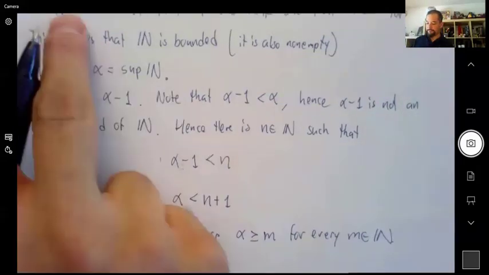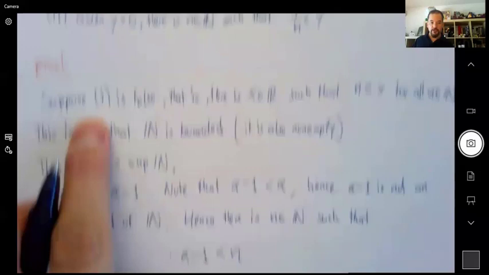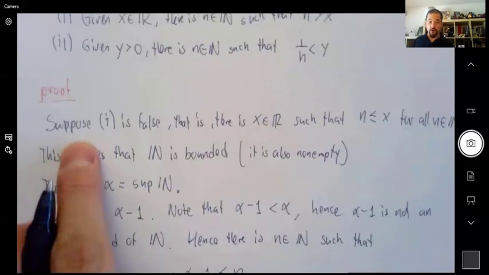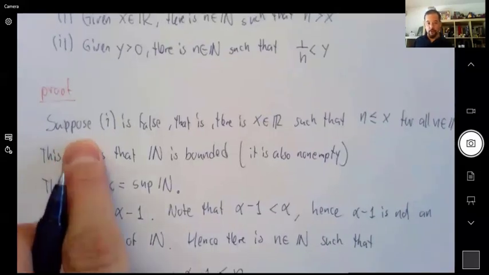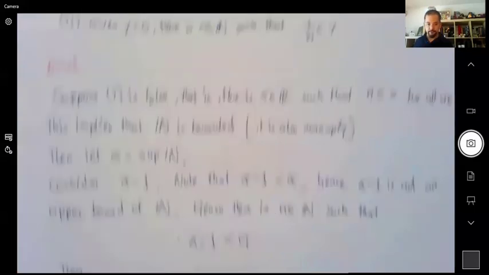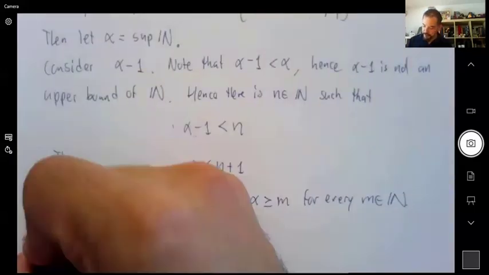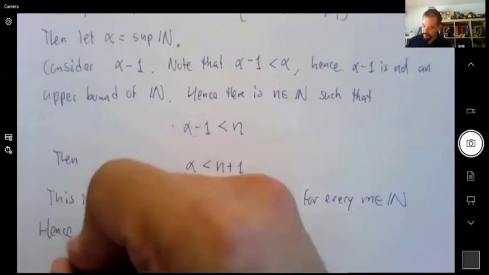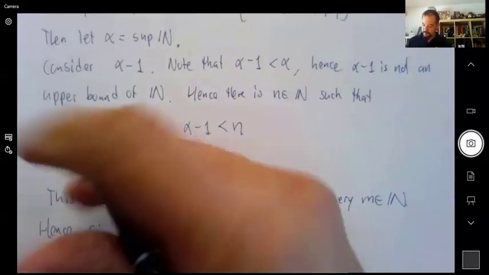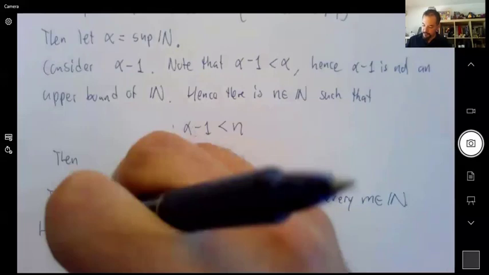That means our supposition that this is false is wrong. So that means 1 is actually true. Hence, given x, 1 is true.